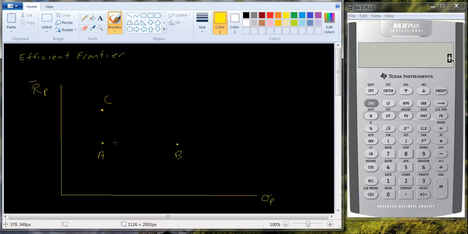The way it works is that you want to eliminate everything that has a higher risk for the same level of return or a lower return for the same level of risk. So if we were to draw this out, let me see if I can draw one fairly neatly.